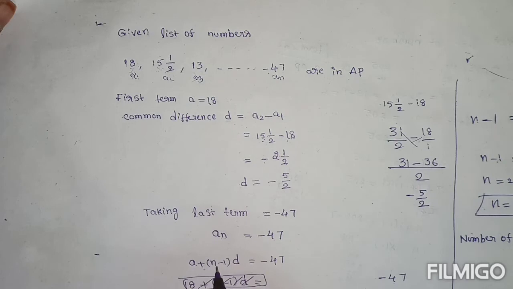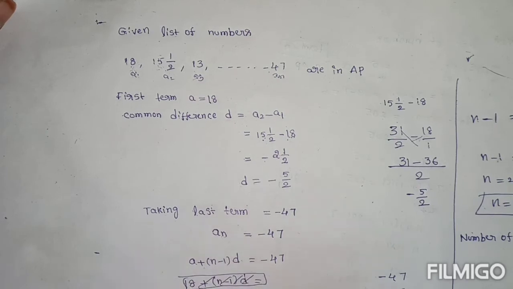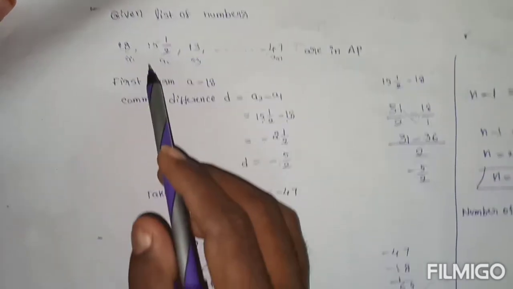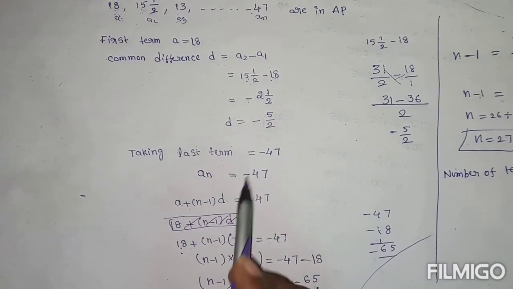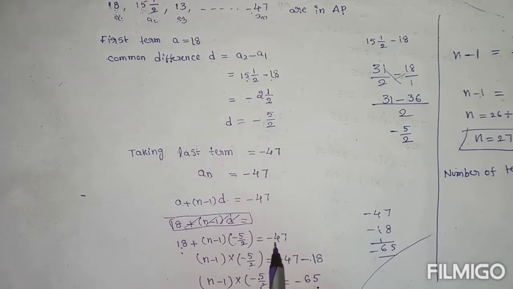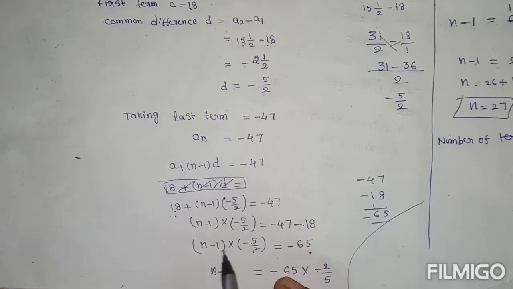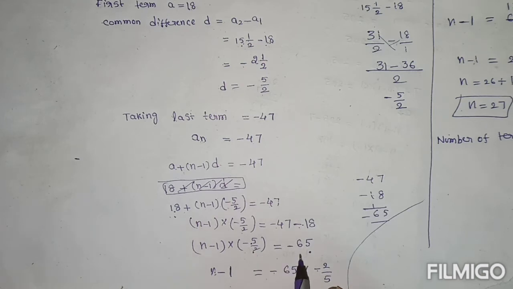Taking the last term An equal to minus 47, the formula is A plus n minus 1 into D equal to minus 47. What is the value of A? A is equal to 18. 18 plus n minus 1, D value is minus 5 by 2, equal to minus 47. N minus 1 into minus 5 by 2 equals minus 47 minus 18, which is minus 65.